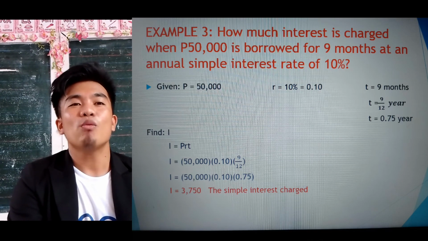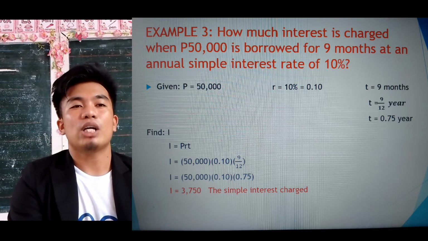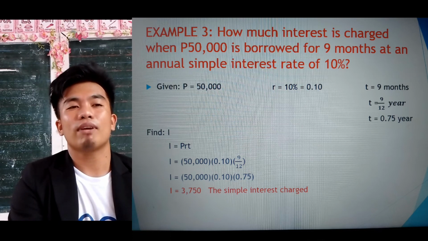Next, the last example. How much interest is charged when 50,000 is borrowed for 9 months at an annual simple interest rate of 10%? The given: our principal is 50,000 and our rate is 10%, which we convert into decimal, 0.10.